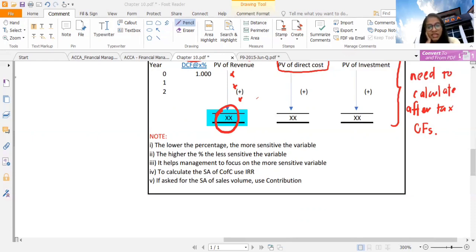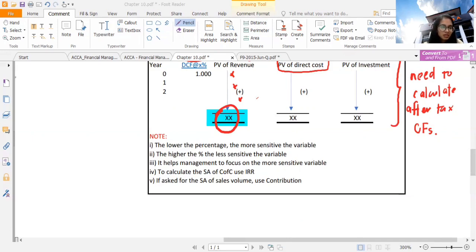All right. Why is it more sensitive? Because think about it this way. It only takes me 2% before my NPV becomes negative, or it will take 5% before my NPV becomes negative. If 5%, you wait a longer time before your NPV gets negative.